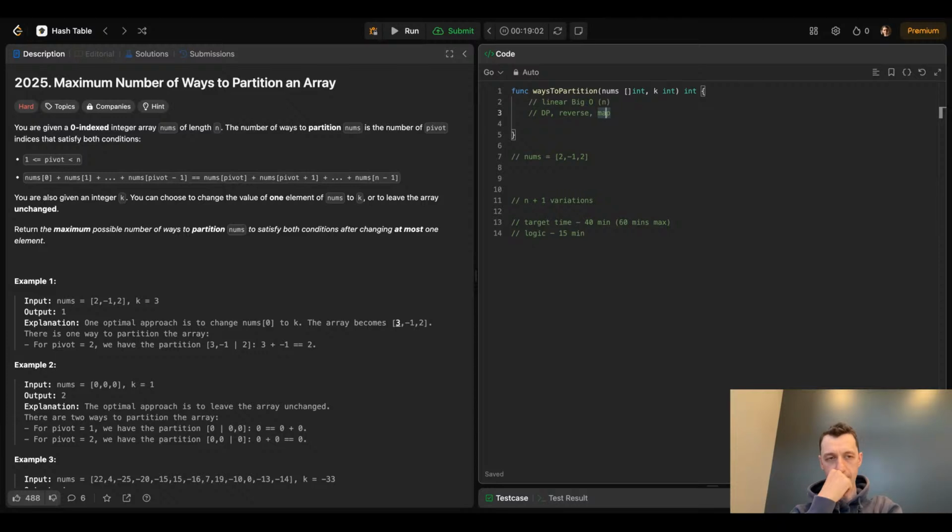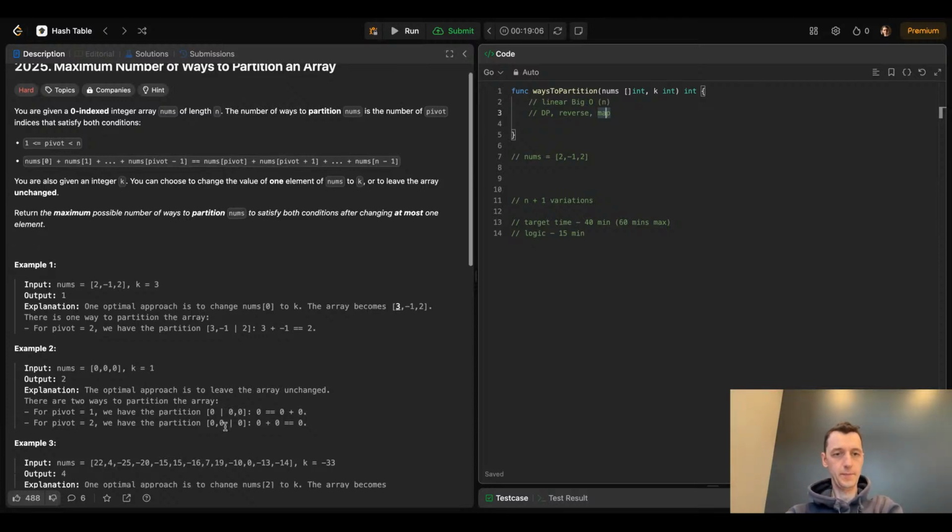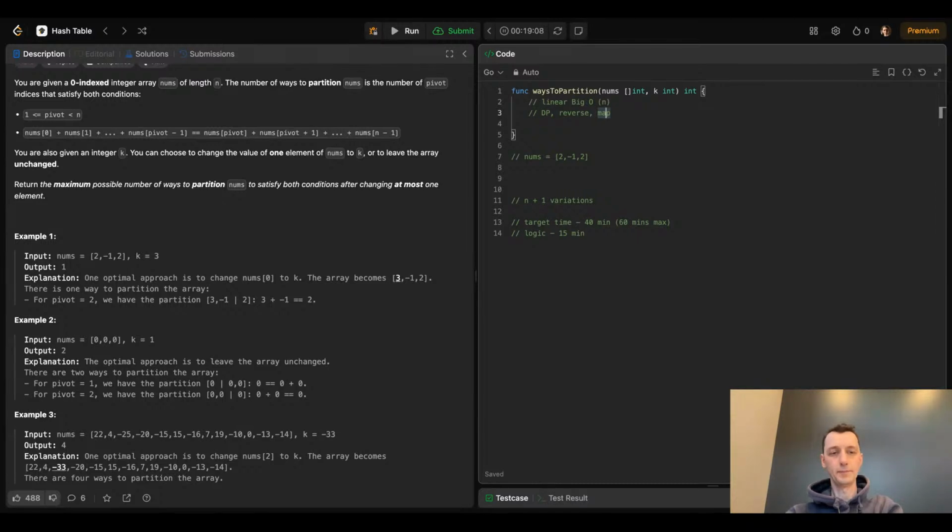So dynamic programming. If we know the solution for the one without replacing, does it tell us something about like this one? Yeah, we know there's 0 without replacing.